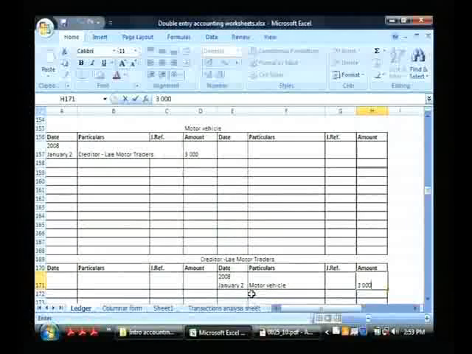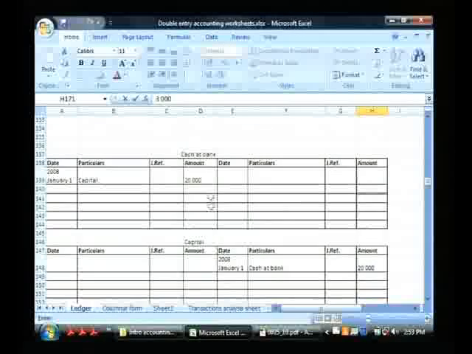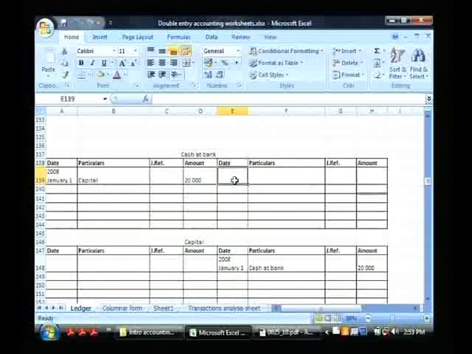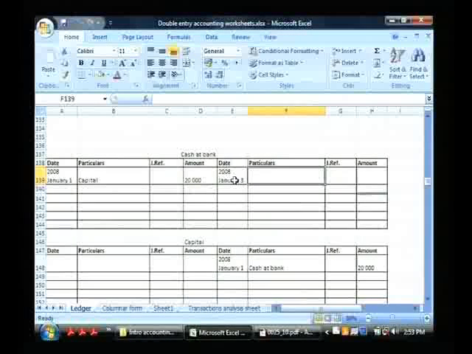Next, cash at bank. Cash at bank credit, 2008, January 3rd.